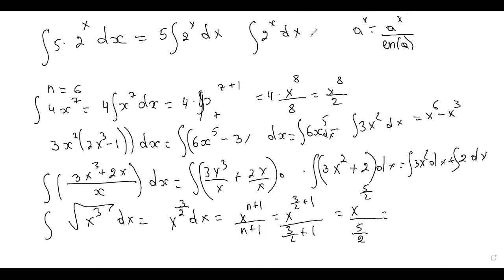So here we have a equal to 2. So from this we can write 2 to the power of x divided by ln 2. And we have 5 times 2 to the power of x over ln 2.